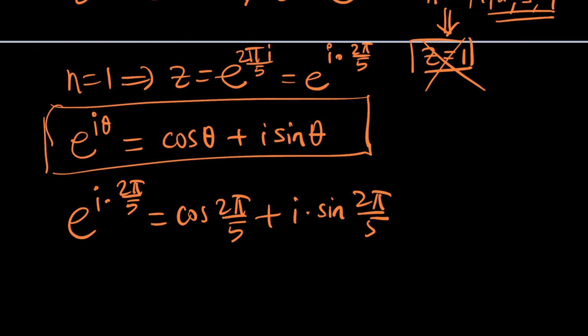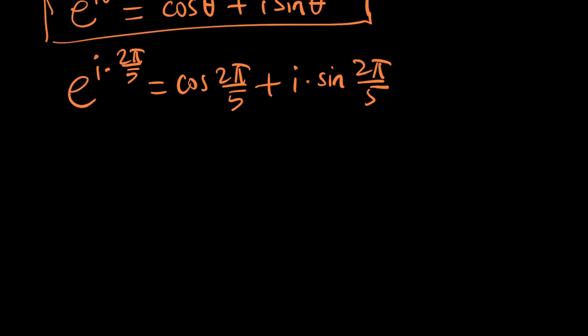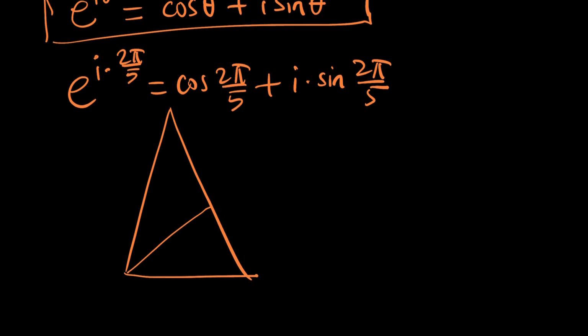If you are not familiar with radians, you can easily turn 2 pi over 5 into degrees. If pi corresponds to 180 degrees, pi radians I mean, that would give you 72 degrees, right? And how do you find the cosine of 72 degrees? There are actually really cool ways to do that. And one way is to use an isosceles triangle, which actually includes another triangle, which is similar to itself.